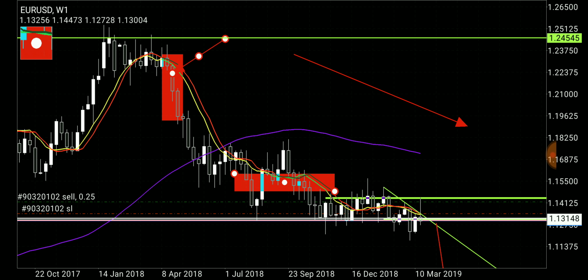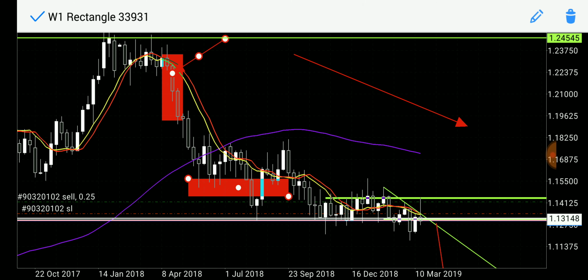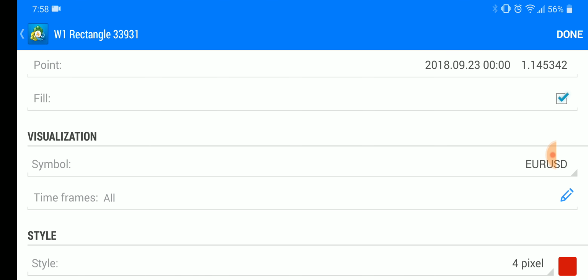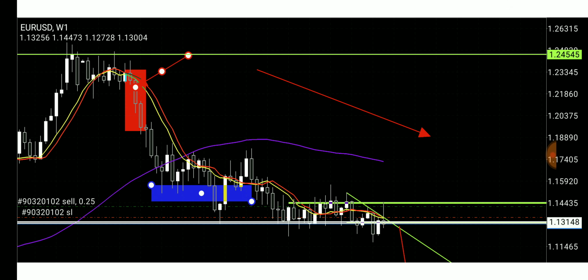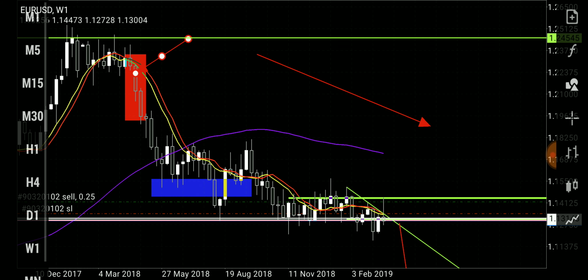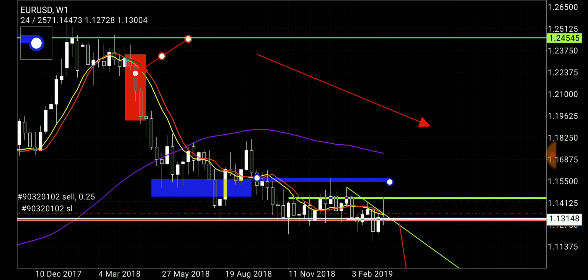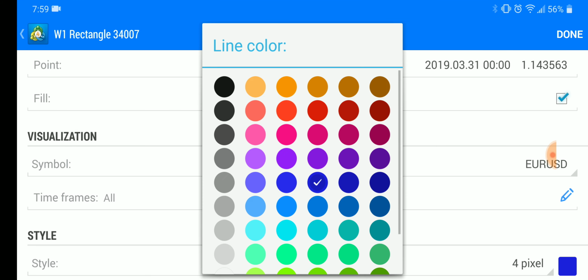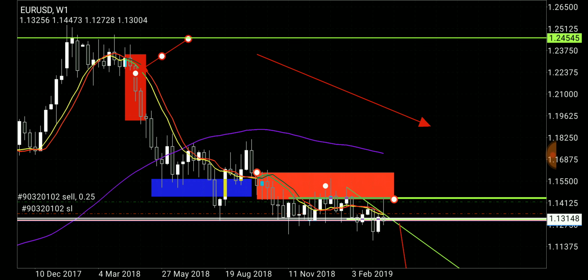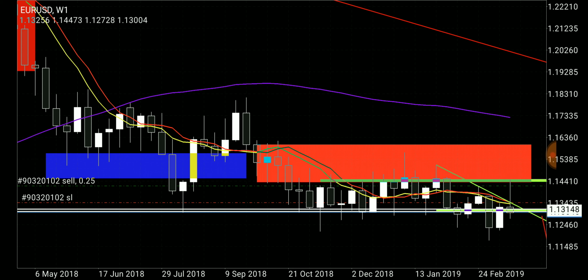Now we're gonna move forward in time, and we saw this support level right here. I'm gonna turn that one blue for you guys. You see that was support, and then that support turned into resistance over here. The candle that was responsible for that, let's see here.